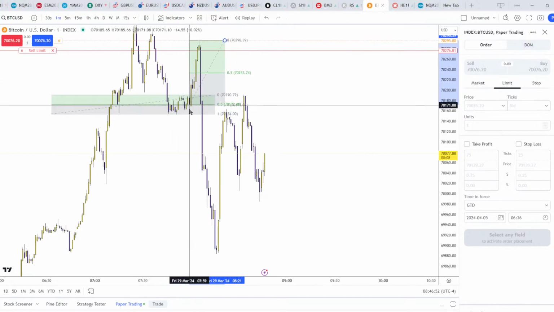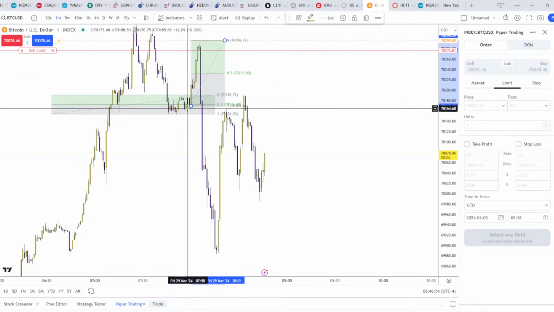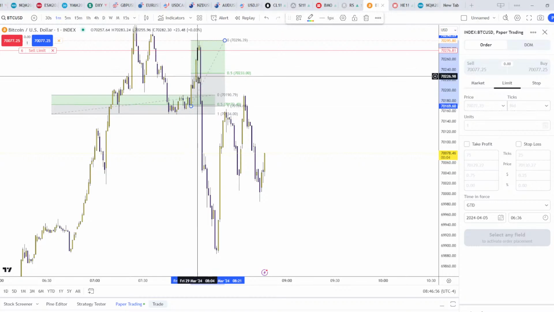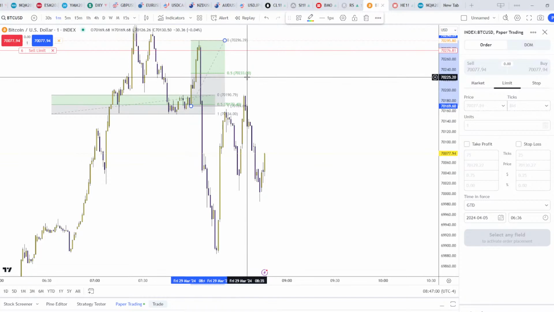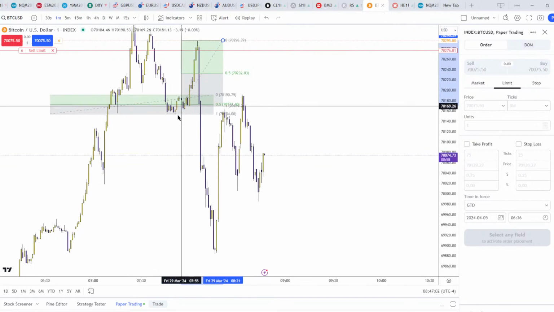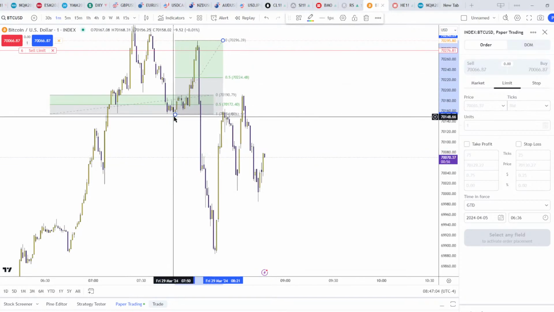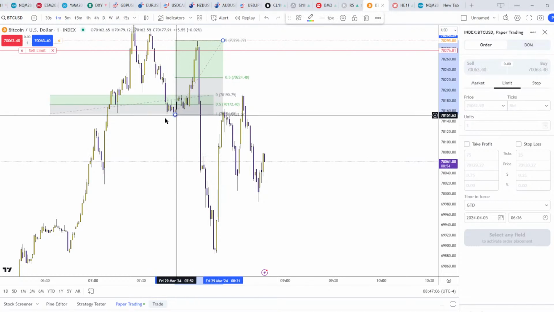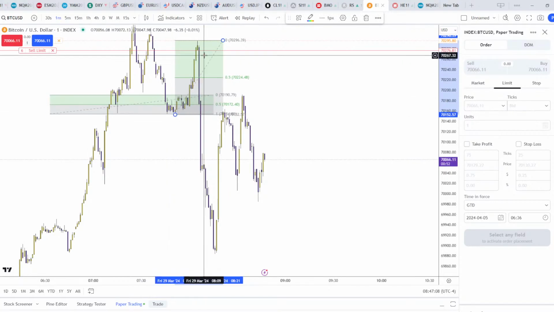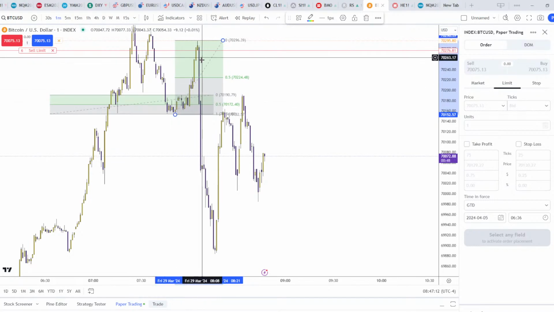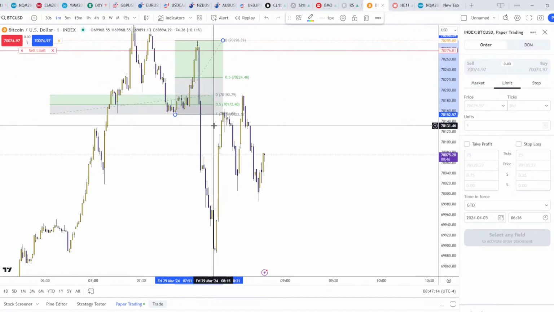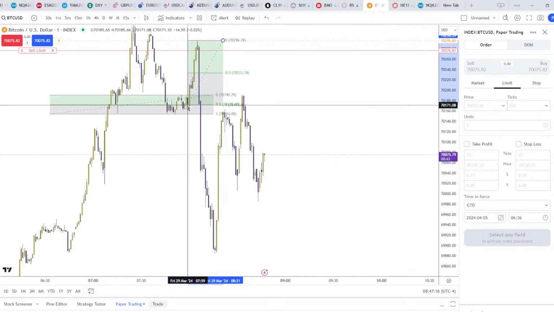Or if you took the leg, the leg put you a little higher. So if you find it came up a little short, maybe pull it from the bottom and just run it from here to the top. I tend to just do it with the leg that takes out the high, and the 50% usually works quite nicely.